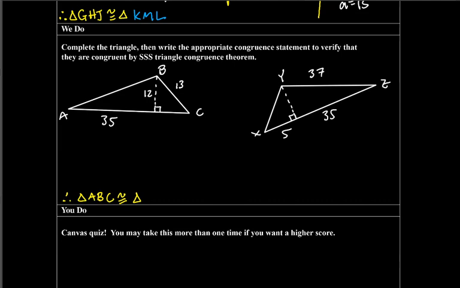So Pythagorean Theorem, we're going to be doing that on all this. So let's call this C, let's call this, I don't know, A. Let's call this one B. X, Z. I'm just making up letters here. Okay, so X squared plus B squared equals C squared.